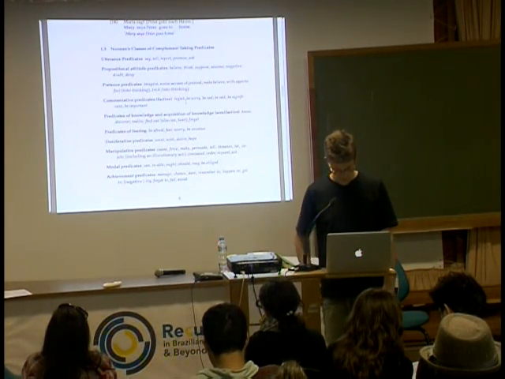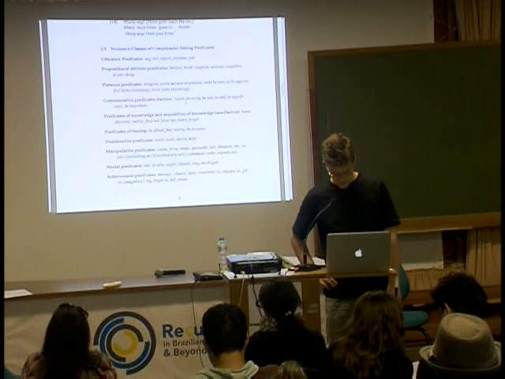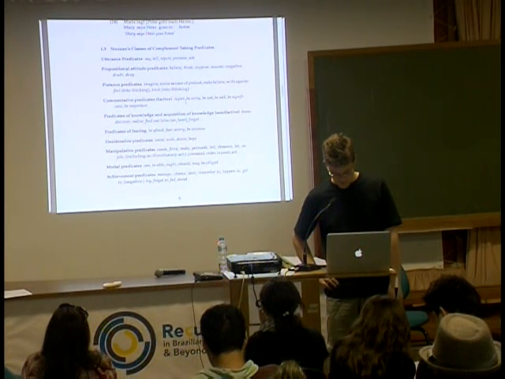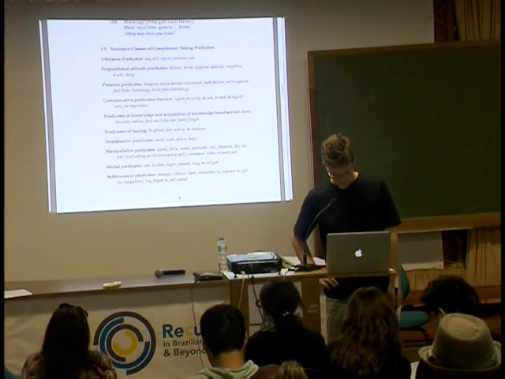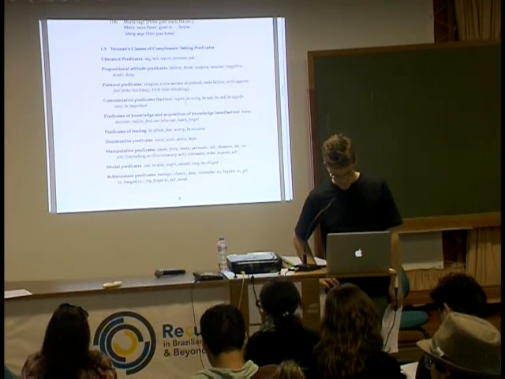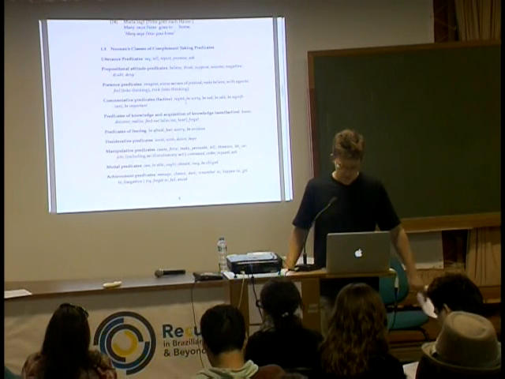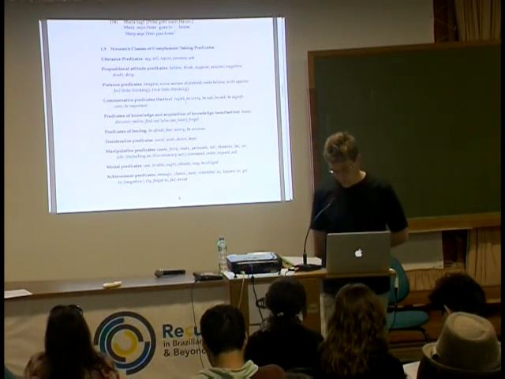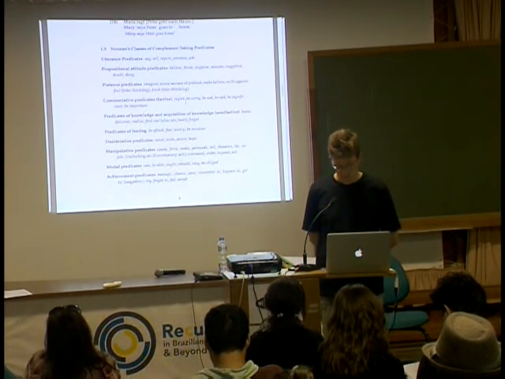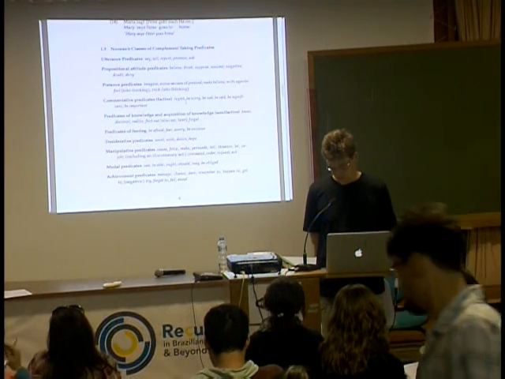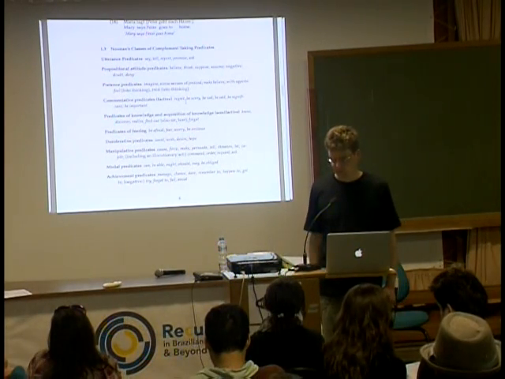Actually, regret doesn't behave that way. Sorry, I'm a little hazy here, but at least when they combine with a finite complement, they generally entail the truth of the complement.